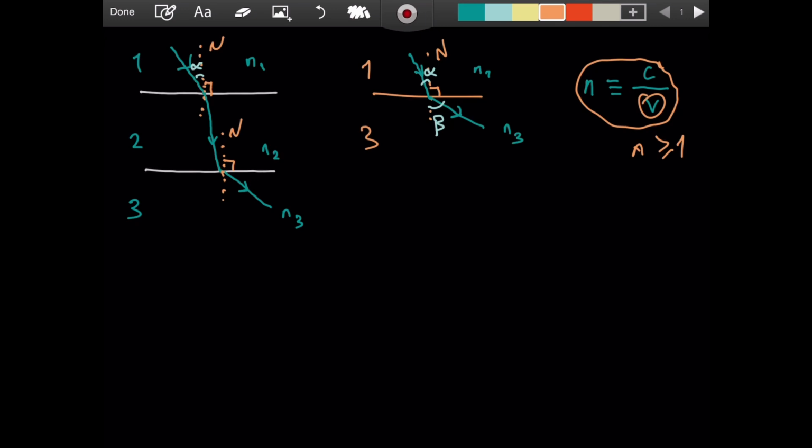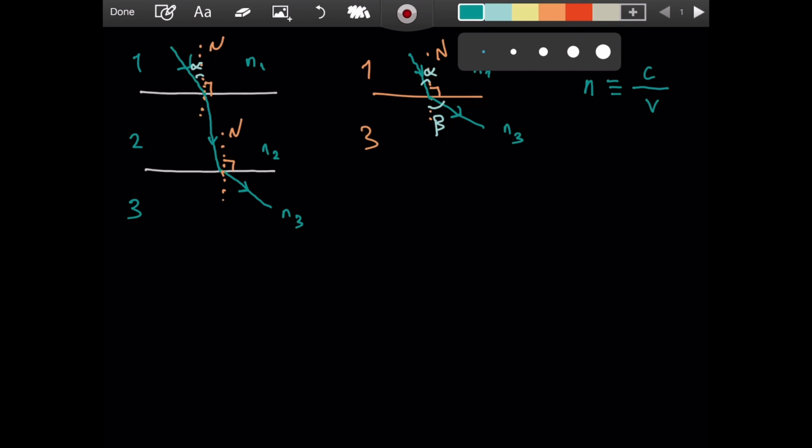Because at that point there is no resistance, there is no air, nothing. So it is fastest in space. That's why V can't be greater than C, so N will be greater than or equal to 1. This is the definition of refractive index.